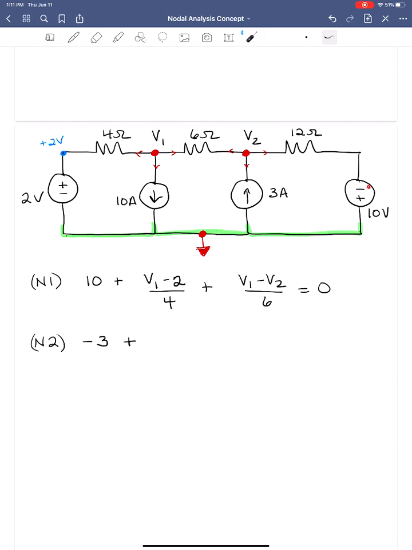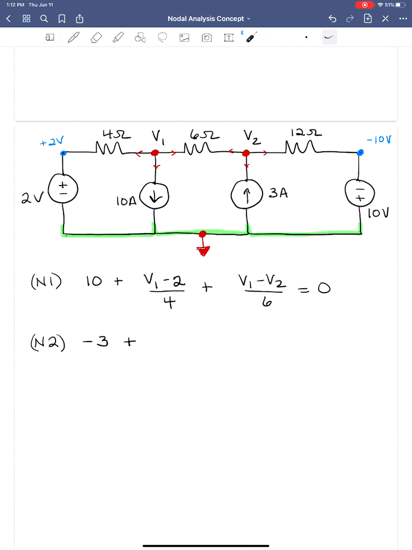Now note the difference in this voltage source, where the voltage source is flipped relative to the voltage source on this side. So what does that tell you about the voltage at this node based on the electrical body? It's going to be minus 10, right? Because you'll have plus 0 minus 10 gives you 10.